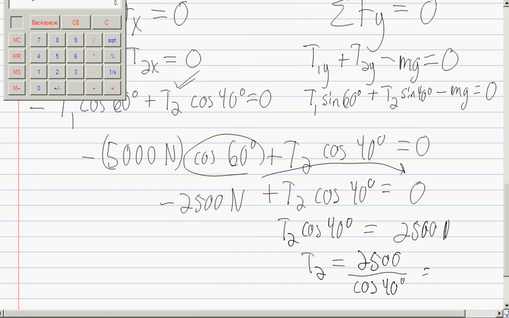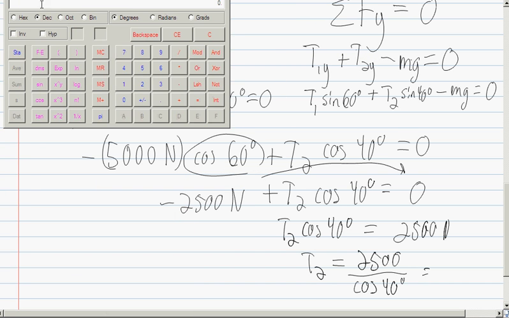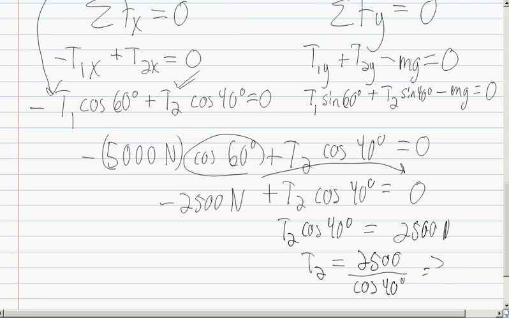So I need to move to the scientific view. Let's do it right here. 2,500 divided by cosine of 40 equals, okay, we got 3263 newtons.